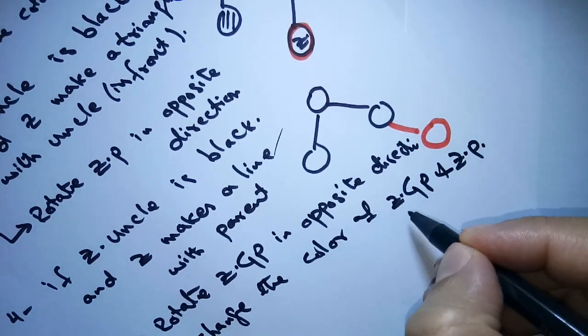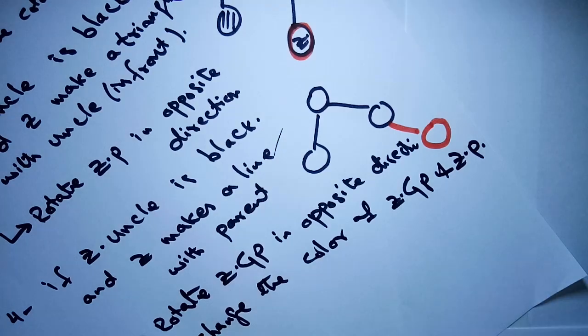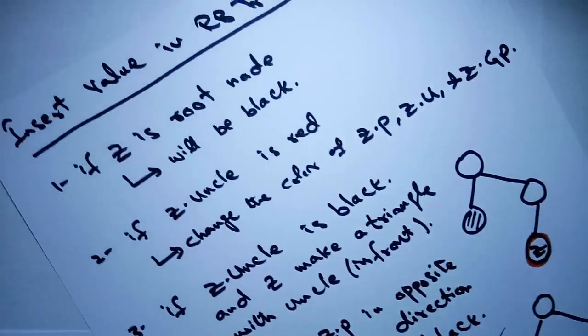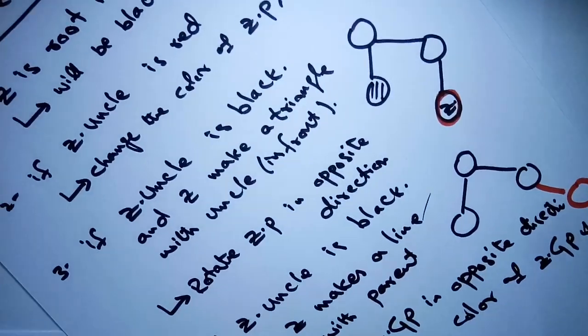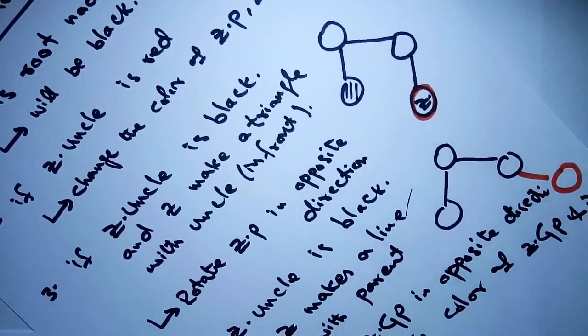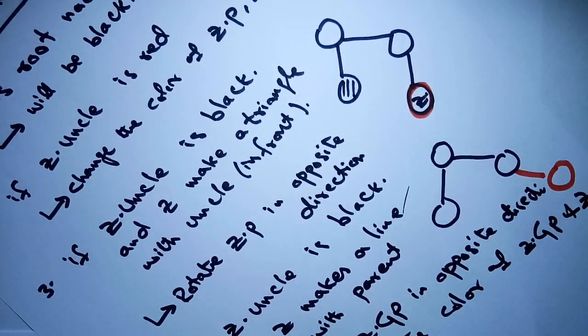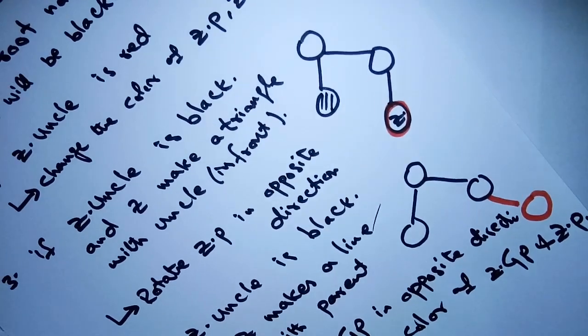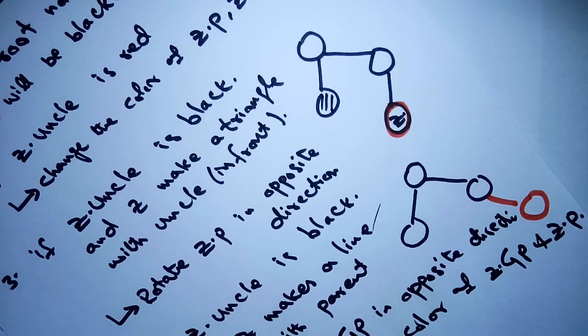Whatever is the color of parent and grandparent, just exchange it. So these are four basic rules and cases in order to insert a node in a red black tree. Now let's do one example and then we'll see how we can insert the key values in a red black tree. So let's see.